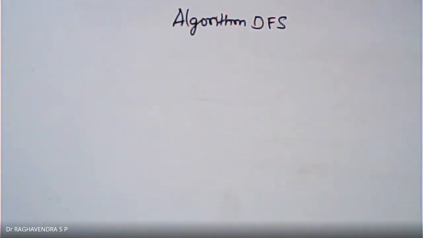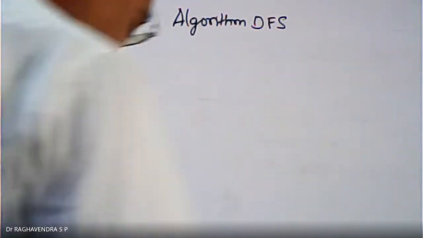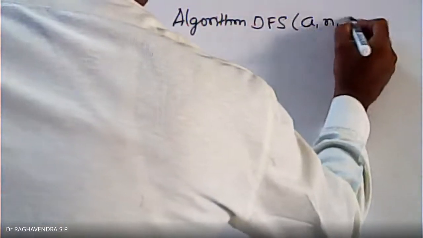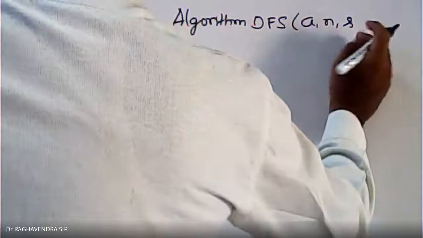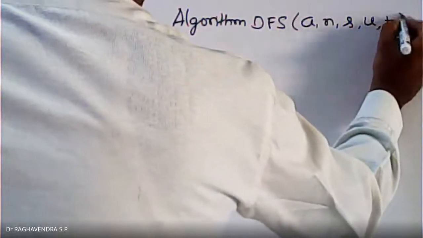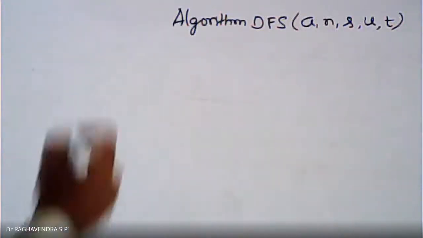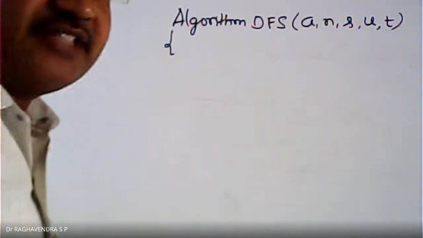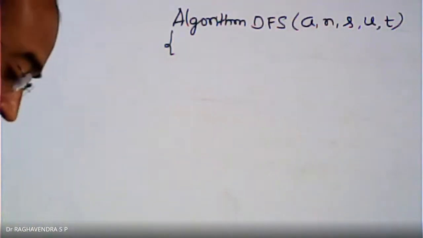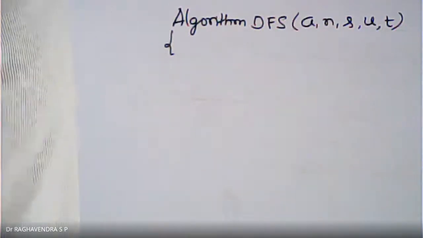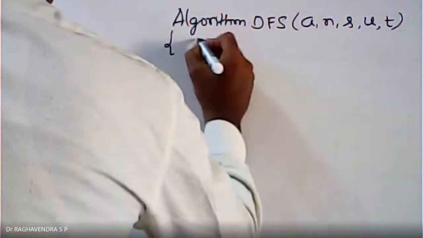Algorithm DFS has several parameters: A, N, S, U. The purpose of this depth first algorithm is to traverse the graph from the given source node.